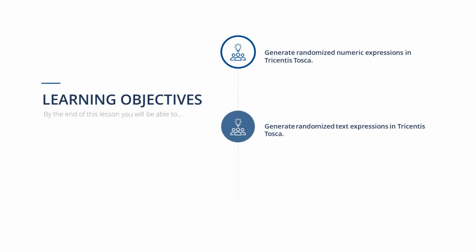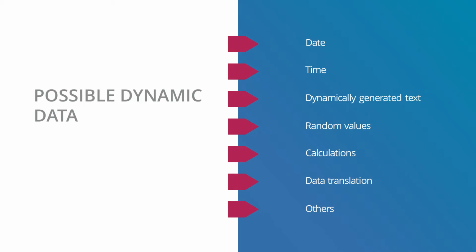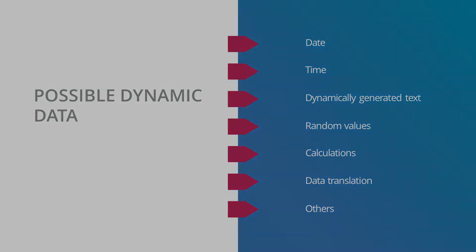We'll cover how to generate both randomized numeric and text expressions in Tricentis Tosca. So in Tosca, it's possible to input dynamic data into test cases thanks to dynamic expressions. Dynamic expressions are used if values are needed for test specification that are not generated until the test cases are executed.